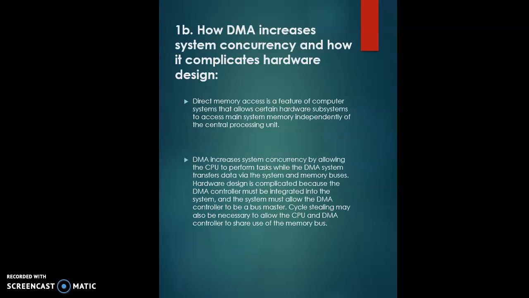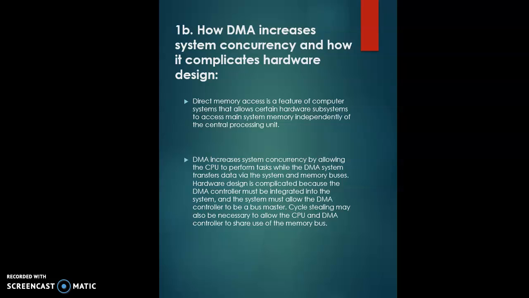We have another question which says how direct memory access increases system concurrency and how it complicates hardware design. First, we are going to see what is direct memory access. This is a feature of a computer system that allows certain hardware subsystems to access main system memory independently of the central processing unit.